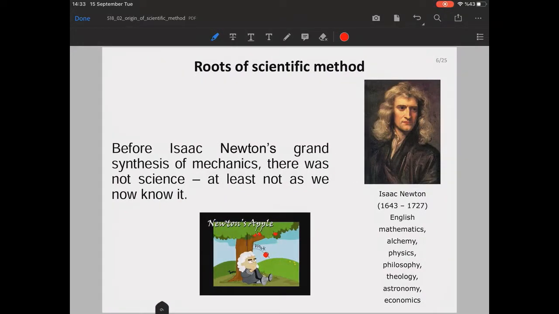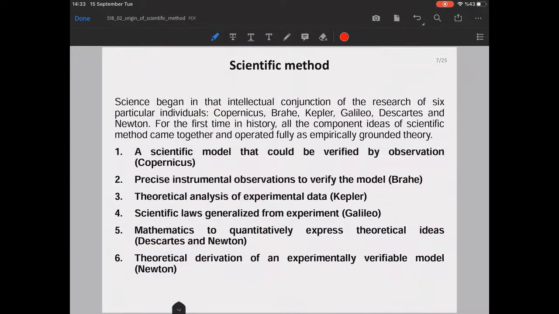So when we take a look at the roots of scientific method, we cannot say that there was really a scientific method as we know it today before Newton. Before Isaac Newton's grand synthesis of mechanics, there was not science, at least not as we know it. Science began in the intellectual conjunction of research of 6 particular individuals: Copernicus, Brahe, Kepler, Galilei, Descartes, and Newton.